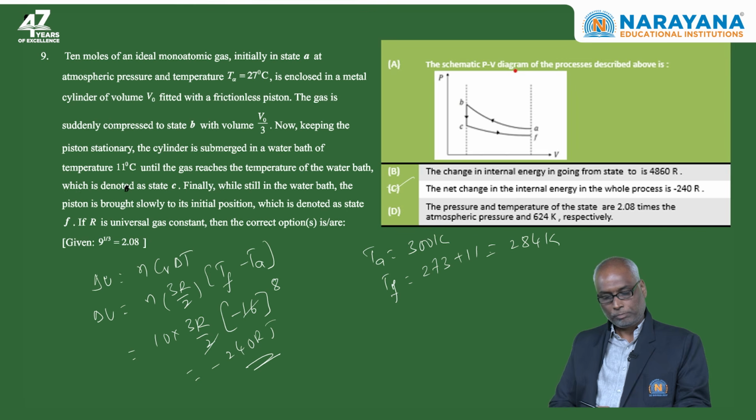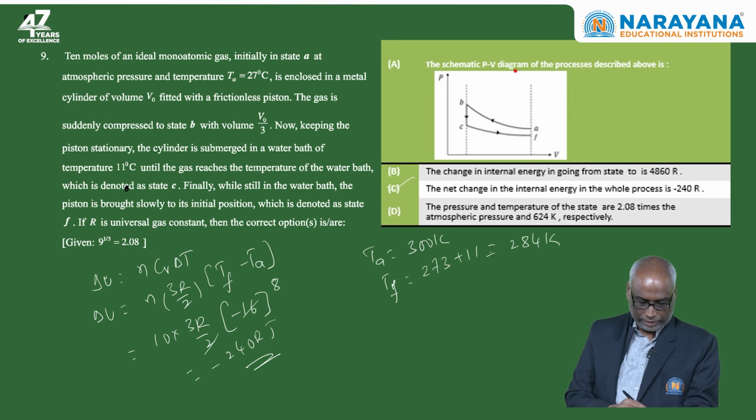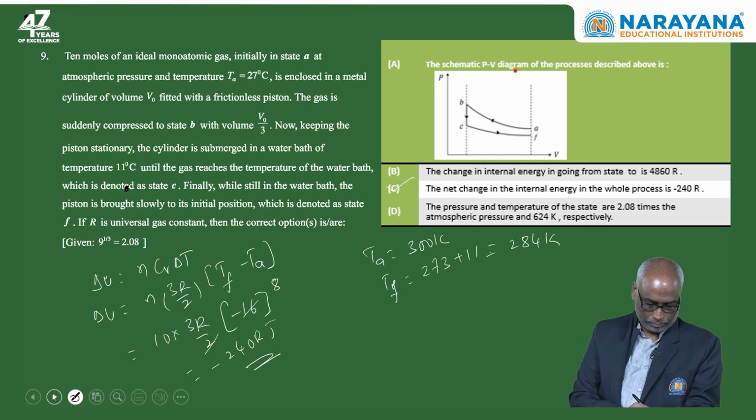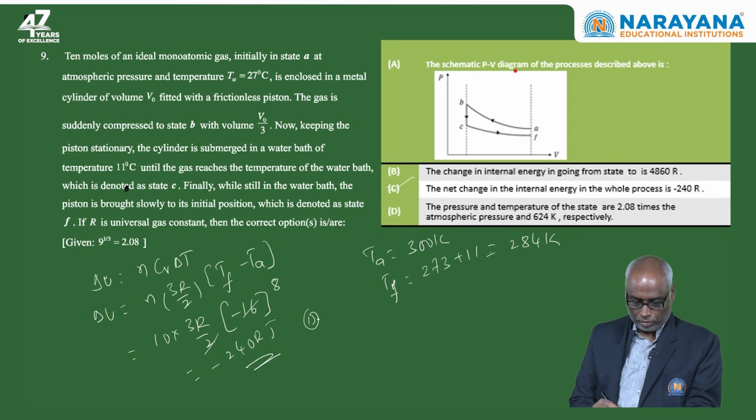Already we found the temperature at state B. Next we have to calculate the pressure at state B. Because it's an adiabatic process, in option D we can get a relation between pressure and volume, P V to the power of gamma equals constant. So, PB equals PA into VA divided by VB, whole to the power of gamma.